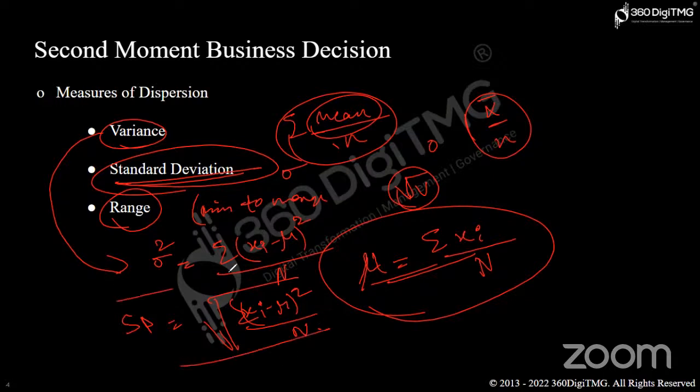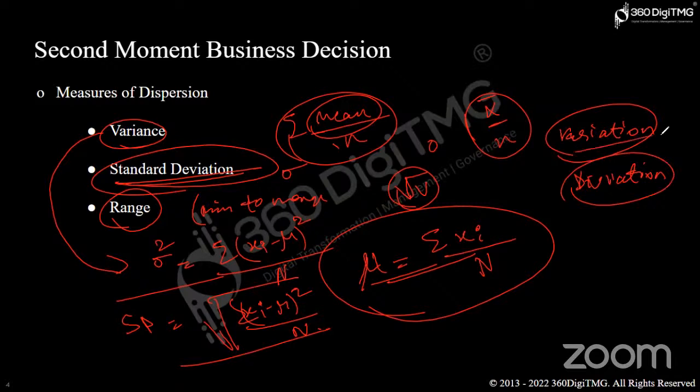So these are some of the formulas for calculating any variations or any deviation in the data. When I say variations and deviations, it is nothing but the data not being normally distributed. For normal distribution, we have different kinds of probability and statistics concepts.